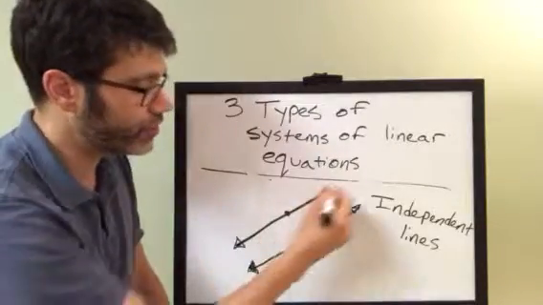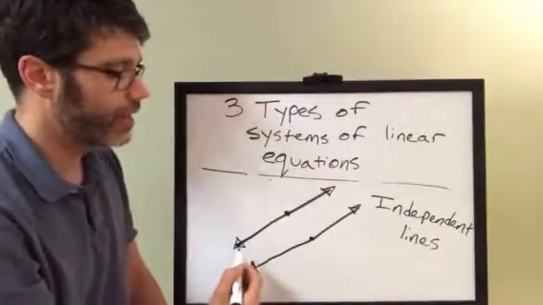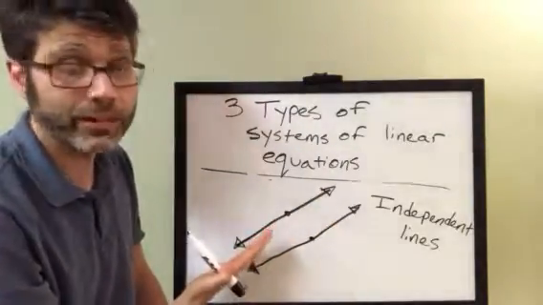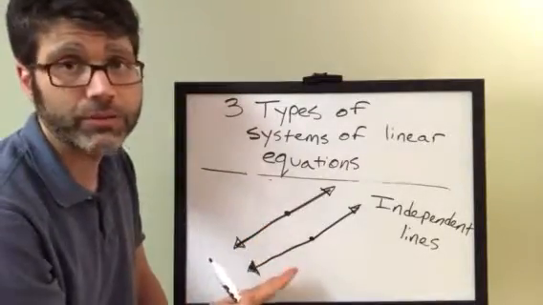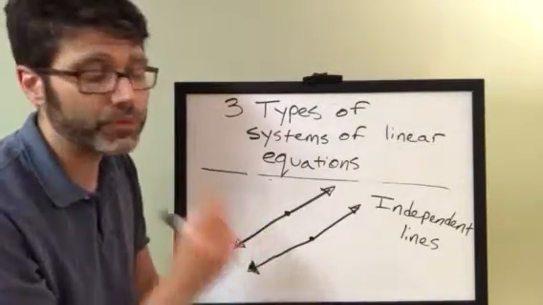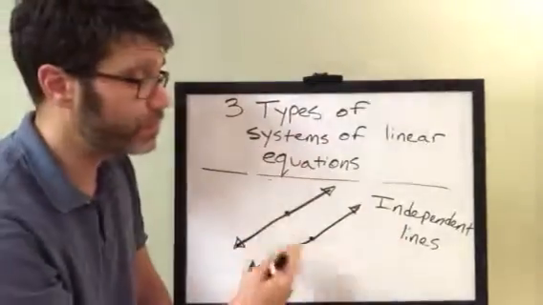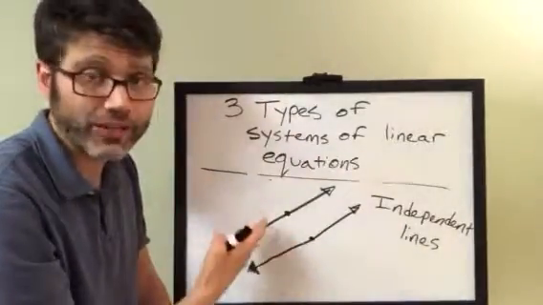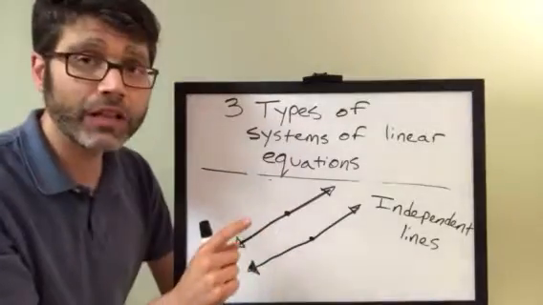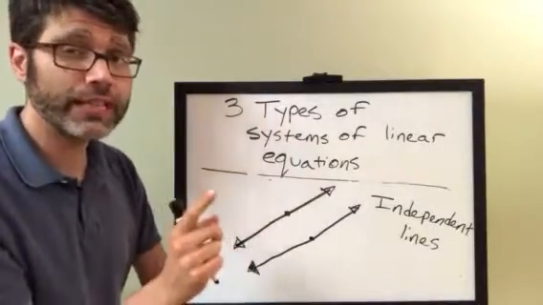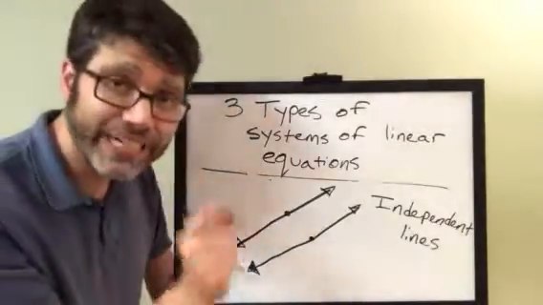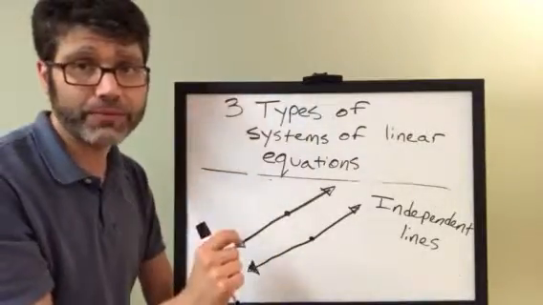All right, so I don't know what the slope is of these two lines, but I do know that if they are parallel, they have to be the same exact slope. So parallel lines always have the same slope. So independent lines need to be different in some way for them to be considered different equations. Well, parallel lines, while they do share the same slope, have different y-intercepts.